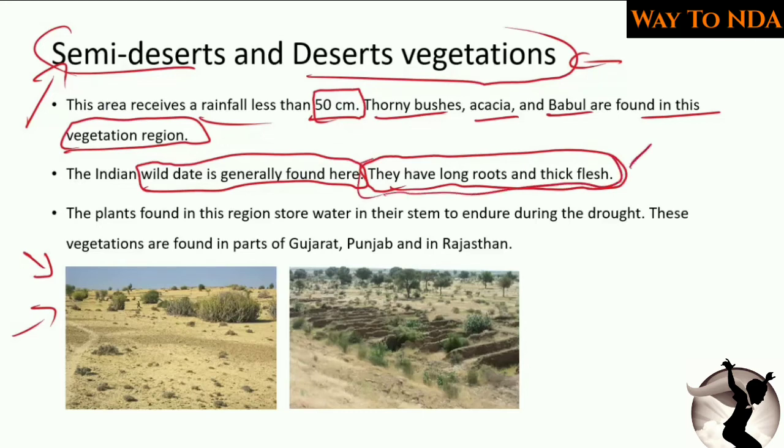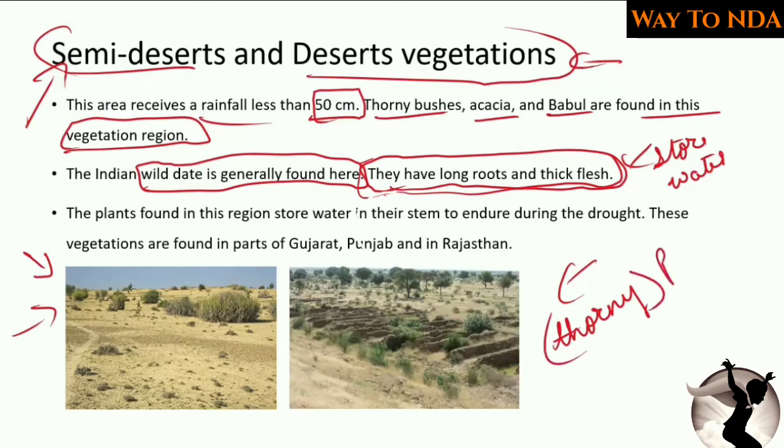Thick flesh because it stores the water. Now this type of vegetation is usually thorny. Why? Because they try to preserve the water.